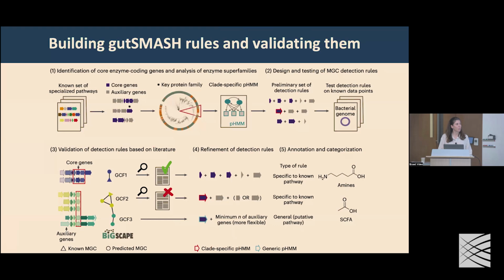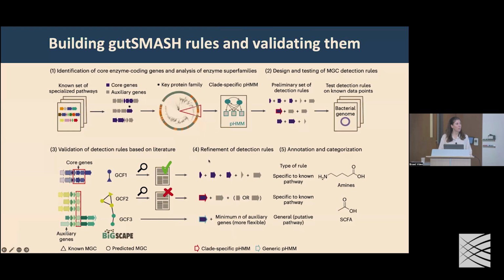And then, once we had the PHMMs built, we had a preliminary set of detection rules created. These detection rules were then tested on a collection of taxonomically diverse genomes.